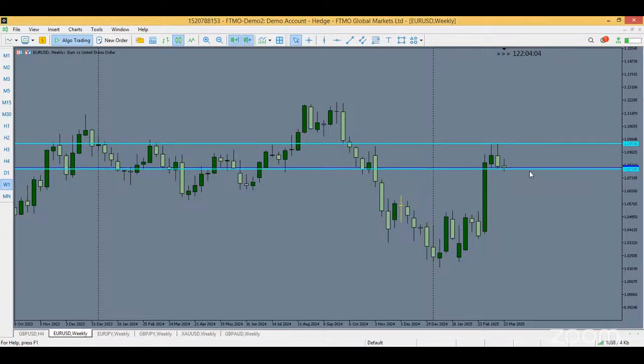So let's see how it will close. Okay, so if it continues going down, where will it go to? It could probably come all the way to these lows here, possibly. And then if it's going to go to the highs, this will be a nice target up here, the 1.11, or let's say 1.12.